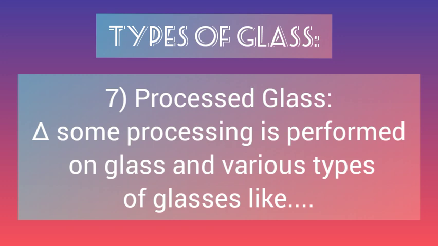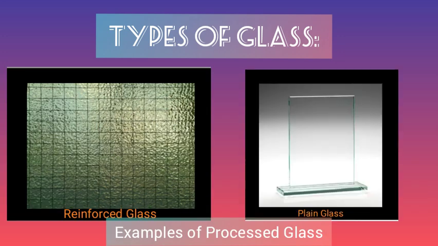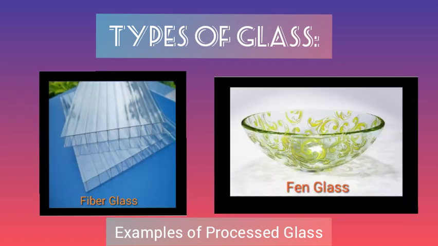The seventh and last type of glass is processed glass. As the name suggests, some processing has been done on glass to make processed glass. To improve the quality and utility, some processing is performed on glass, and various types of glasses such as reinforced glass, plain glass, fiberglass, and foam glass are made.